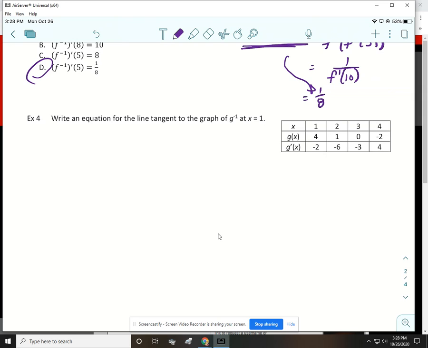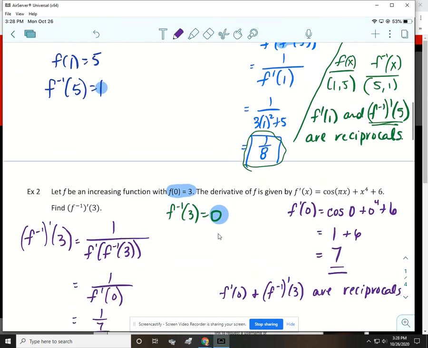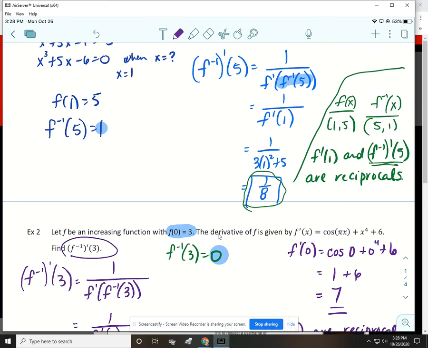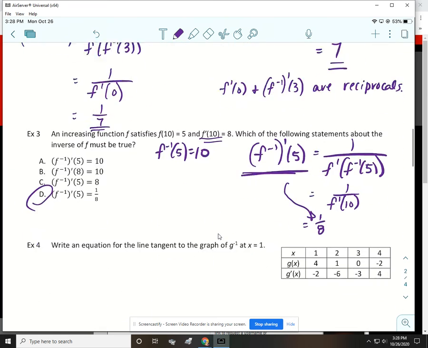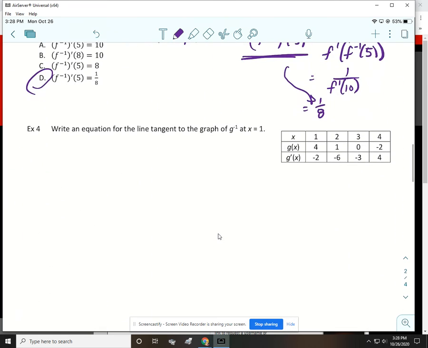All right, so we're going to write an equation for the line tangent to the graph of g inverse at x equals 1. This is written in a little bit of a different way. Before, we would be told we want to find a certain thing, and so it's just a little different.